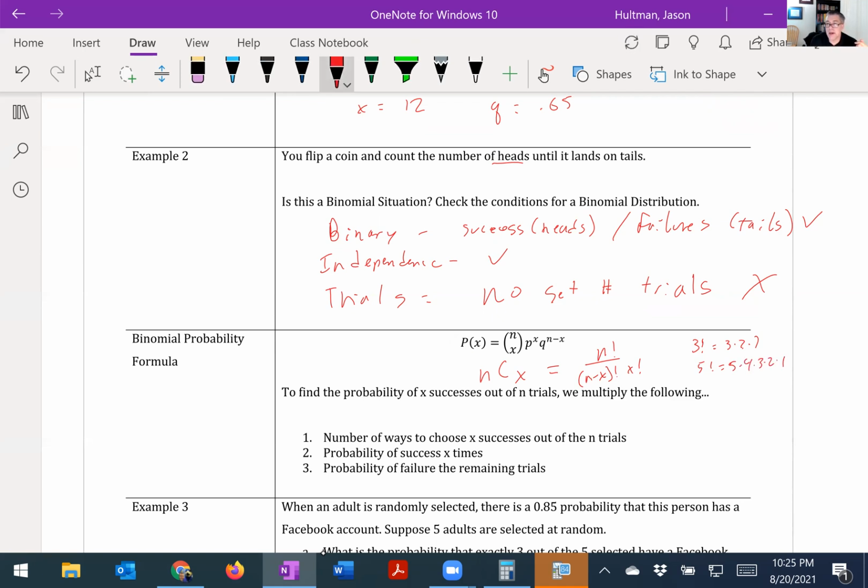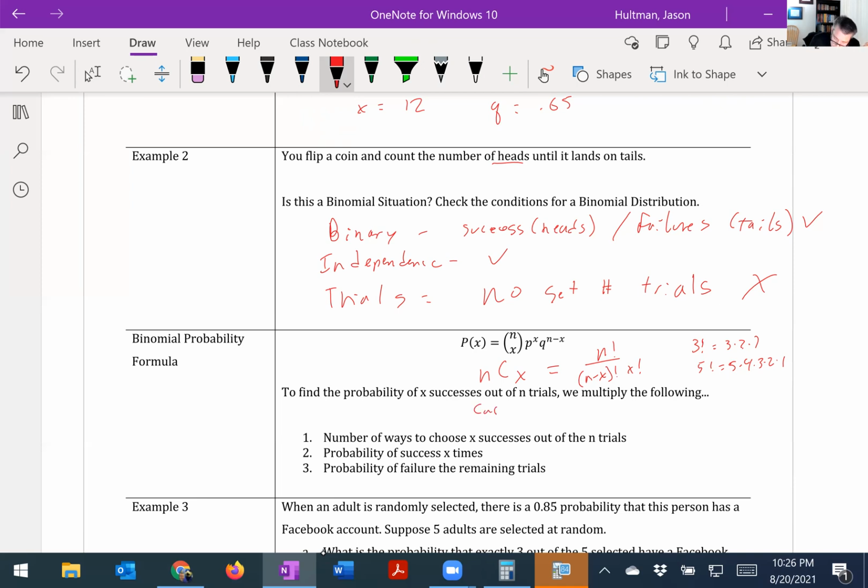So you see the pattern. Again, you don't need to know the formula. That's more for math class, not so much a statistics class. We're just going to use nCx on the calculator.